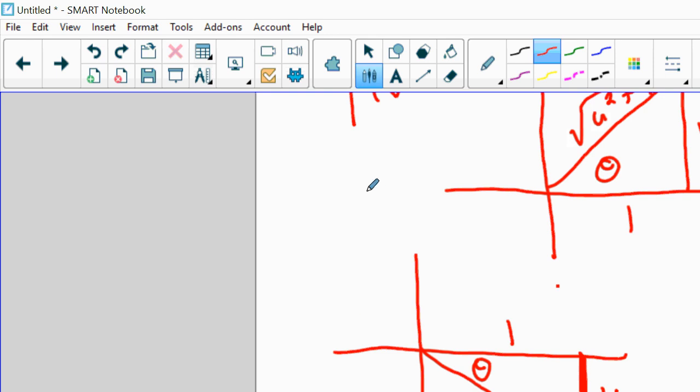So sine theta would be negative U over square root 1 plus U squared.